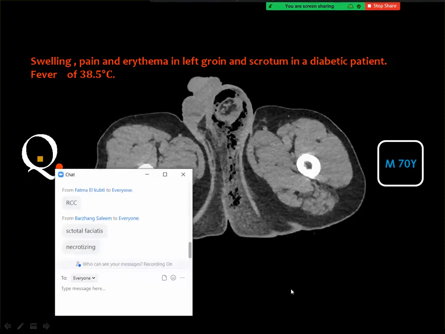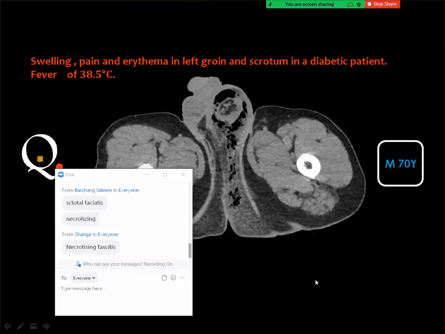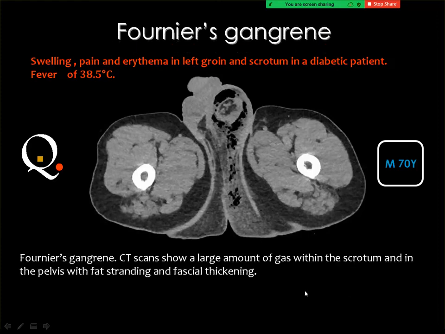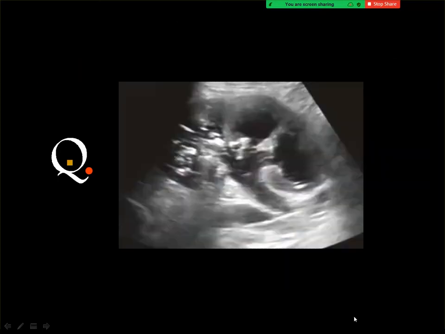Yes, necrotizing fasciitis is the answer, and this disease has a specific name, Fournier gangrene, but if you say this is necrotizing fasciitis, you are right. And of course, this is a severe infection because the patient is diabetic.